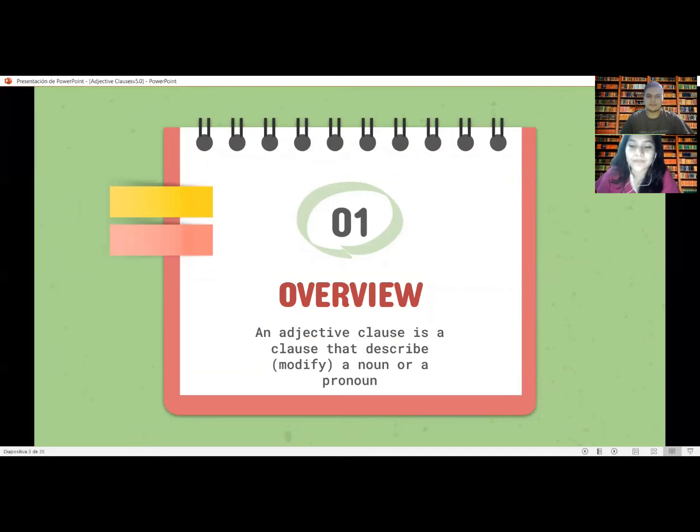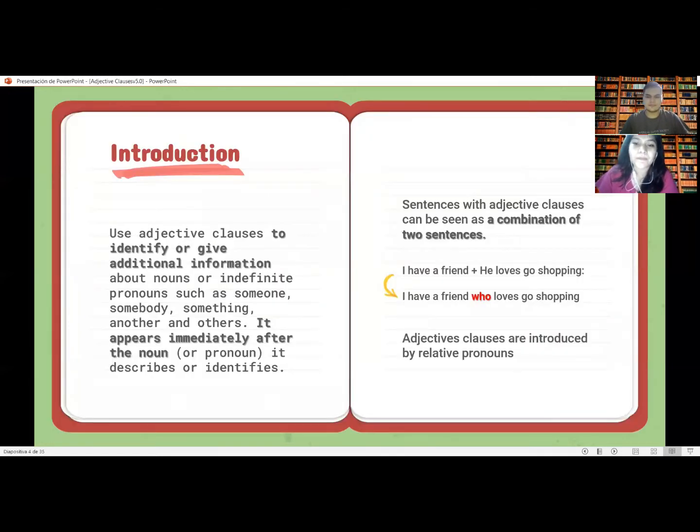Overview. An adjective clause is a clause that describes or modifies a noun or pronoun. Use an adjective clause to identify or give additional information about nouns or identify pronouns, such as someone, somebody, something, another, and others.